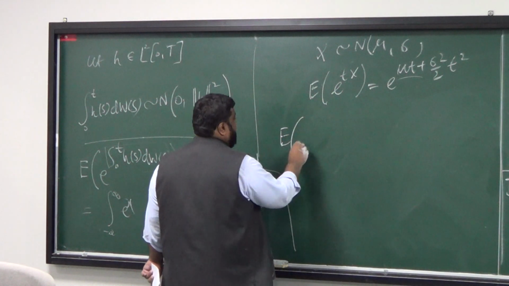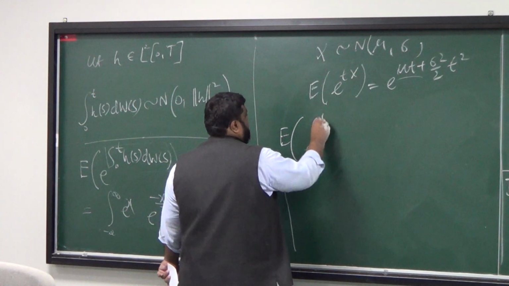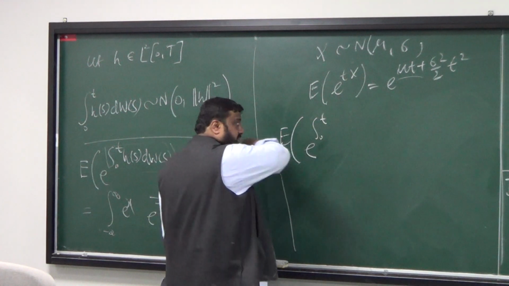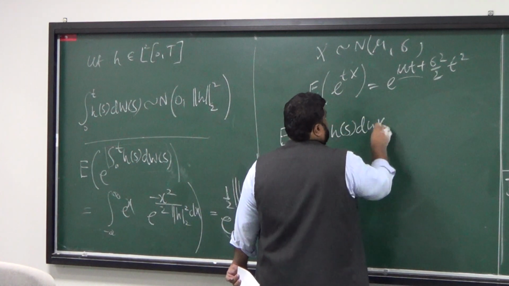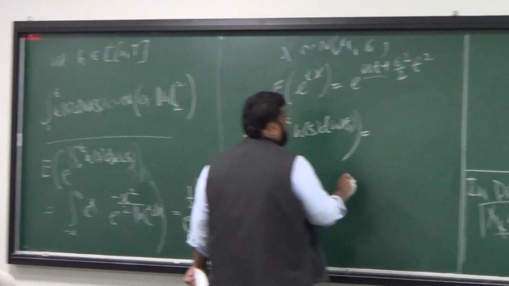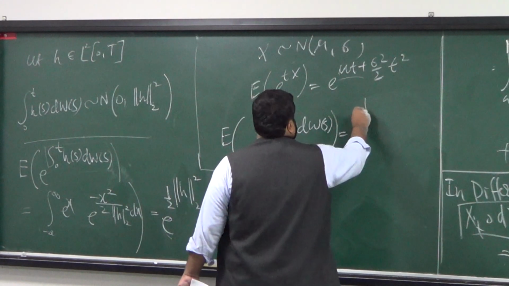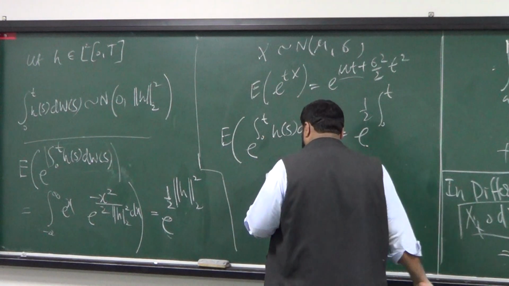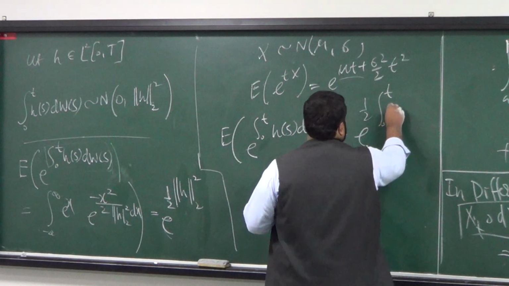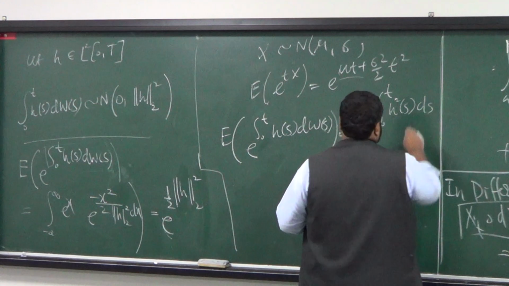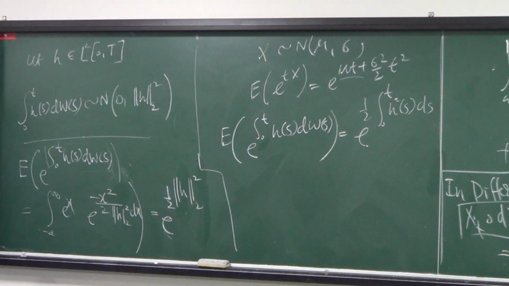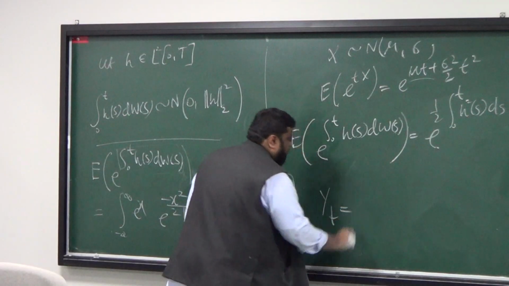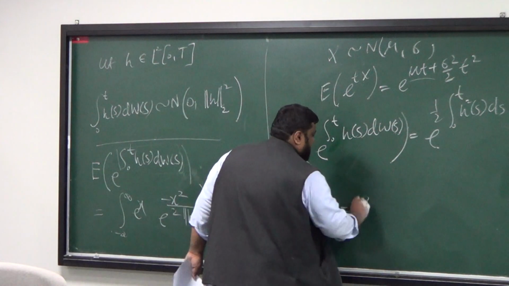So more explicitly I can say the exponential of the expectation of 0 to t h of s dW of s is going to be equal to e to the 1/2 of 0 to t h square of s ds, right? So I just wrote it explicitly. This is going to be this Yt. So the Yt is what?